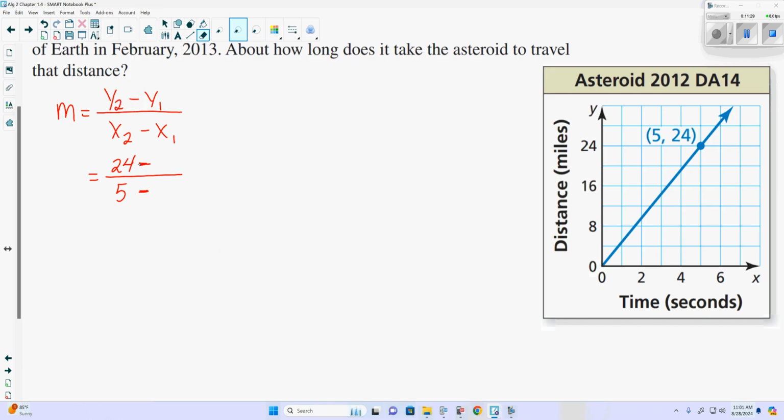Now looking at that graph, it might be easier to see on the board. Is there another point or spot on that line that it crosses nicely with an x and a y value, especially on that grid? Zero, zero, yes?